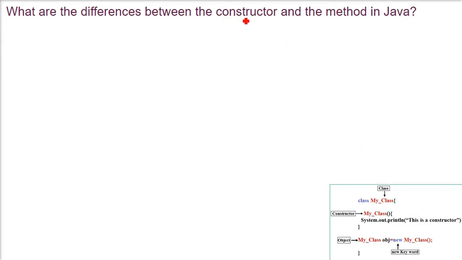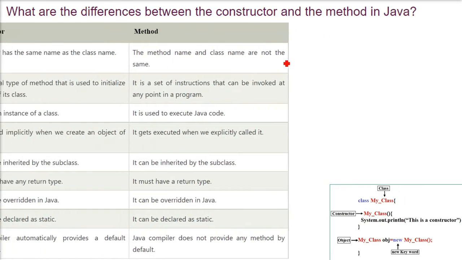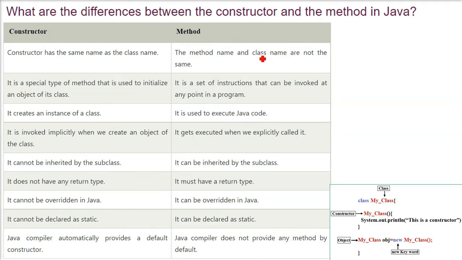So the constructor is a function of the class which is already given to you by default. You don't have to make a constructor if you don't want. But a method is user defined. You have to make a method with respect to what kind of work you are doing. What functions do you want? The constructor has the same name as the class name. The name of the constructor and the class will be the same.